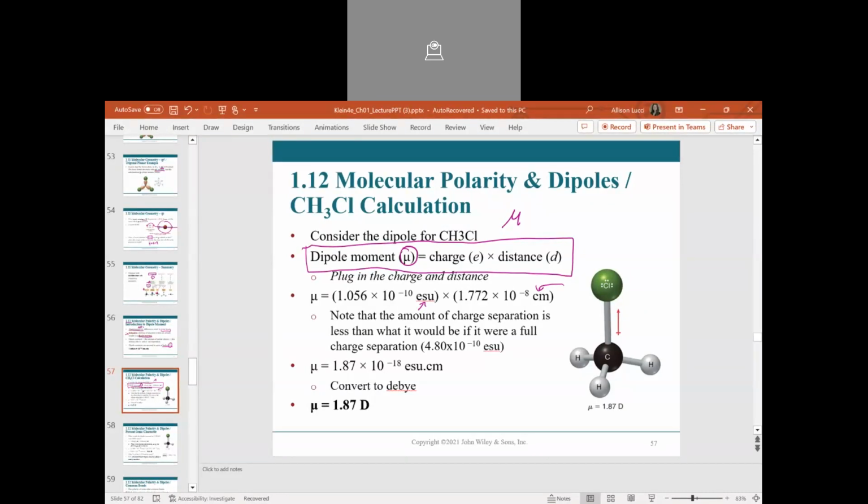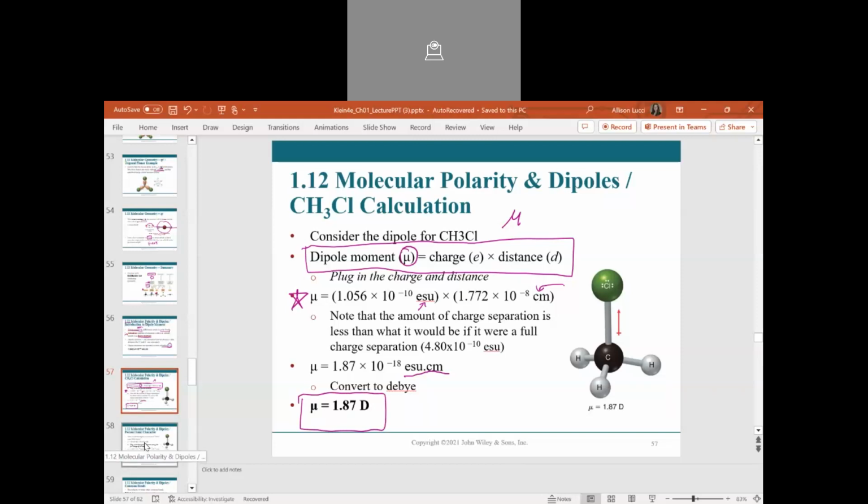This is our distance. Put them together, you get ESU times cm. The way to convert from this calculation up here is we would divide by a certain amount, and we would end up converting to our units of D, capital D, Debye here. So you won't have to do that.